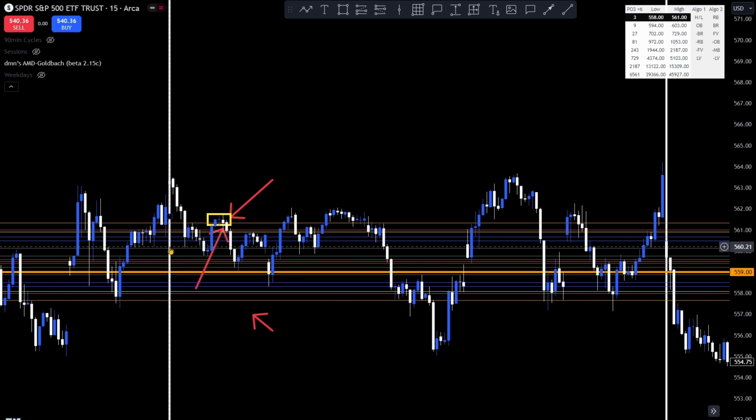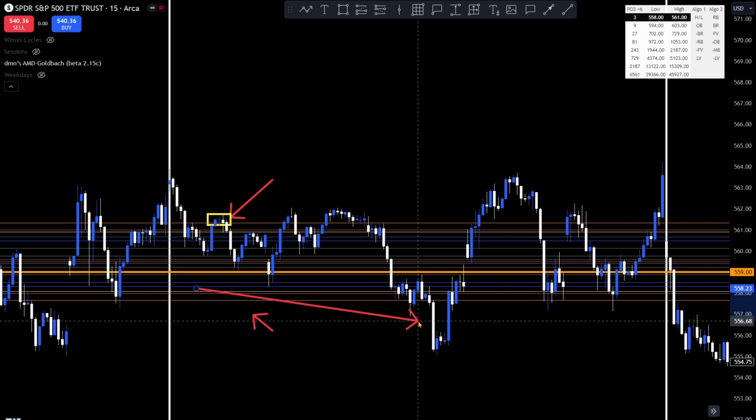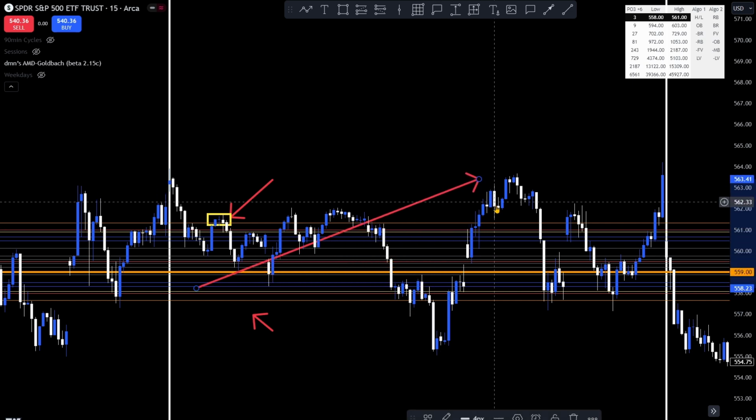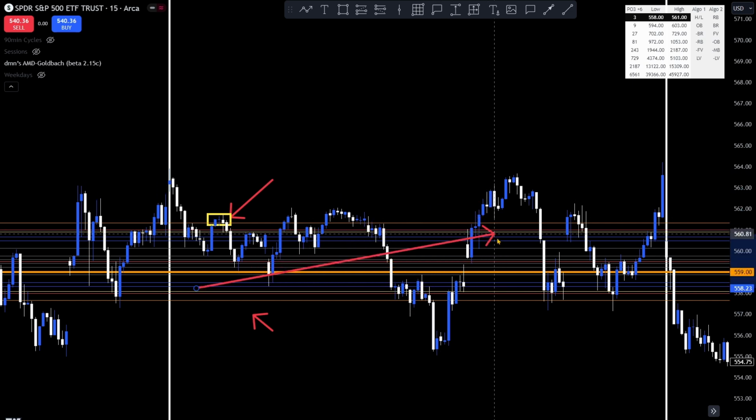On a basic level, between this Monday and Friday, you are in and out of this dealing range here. You don't move too far above it. You don't move too far below it. And it plays this dealing range the entire time, support and resistance style. Does that make sense?